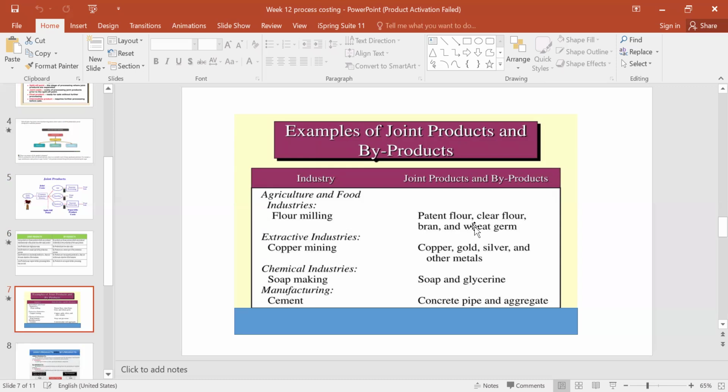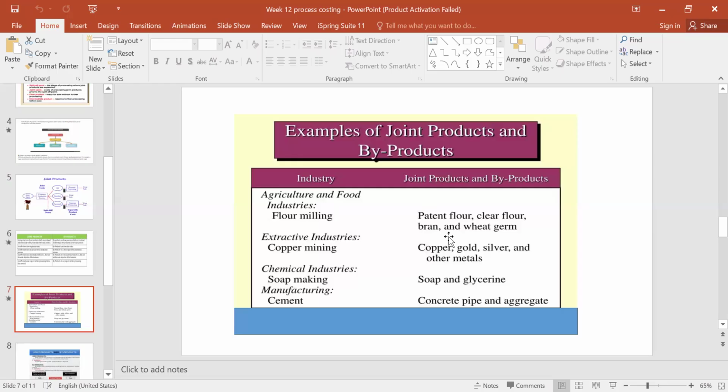The extractive industry is copper mining: copper, gold, silver, and other metals. In the chemical industries, soap making and manufacturing cement: soap and cement are made, and the product or byproduct is soap and glycerin, concrete pipe and so on. These are the industries and these are the products.